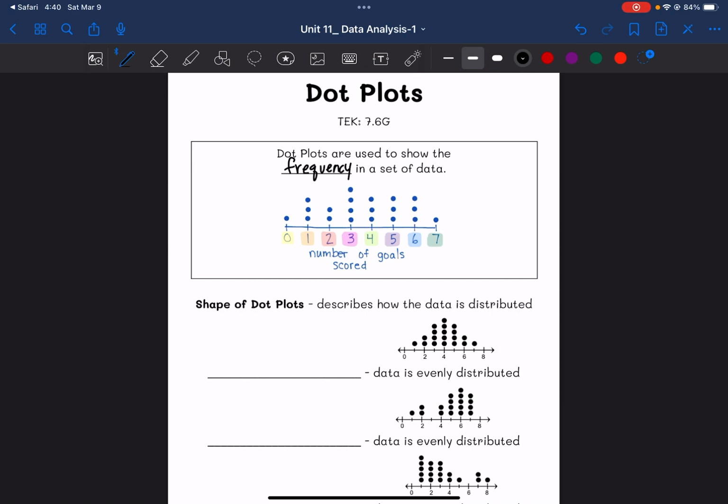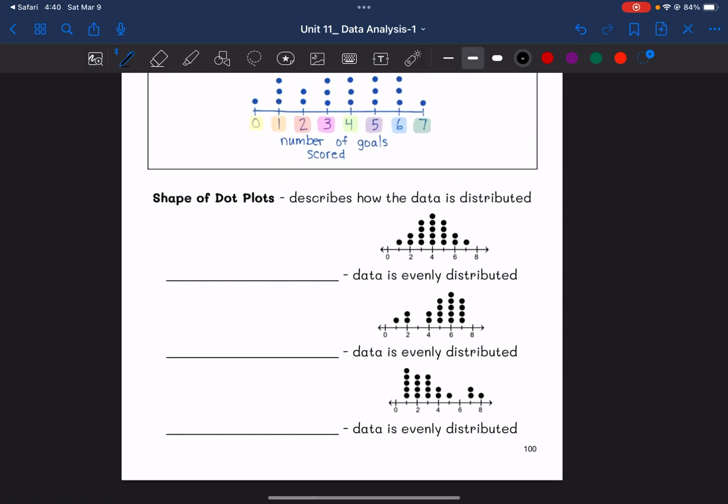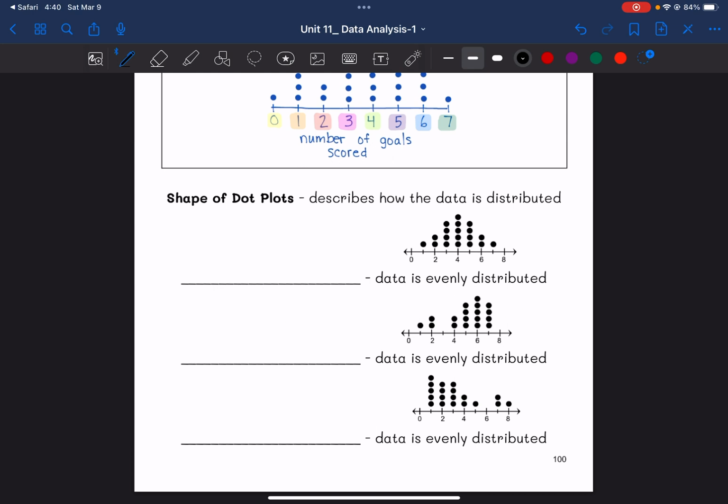Okay, now let's talk about the shape of dot plots. Okay, so here, if you look at the first one, all of the data is more towards the center. Okay, now we can see that this part right here kind of gets closer to the number line.